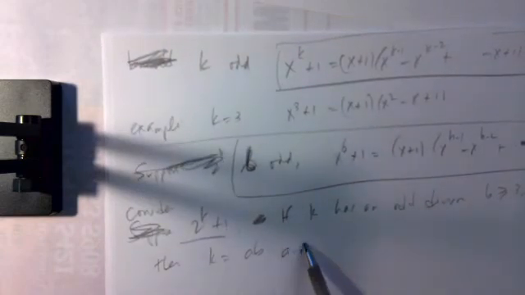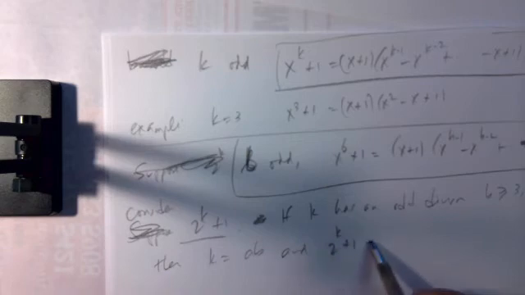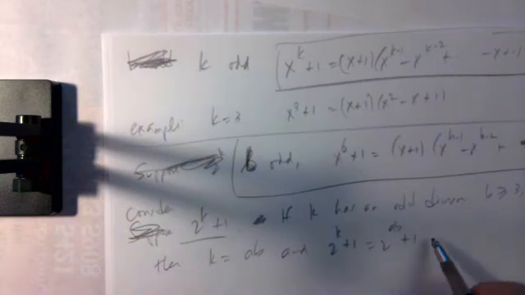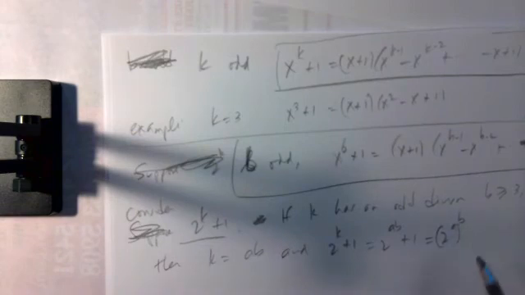And 2 to the k plus 1, where k is a times b, is 2 to the ab plus 1. And 2 to the ab is the same as 2 to the a raised to the power b, plus 1.